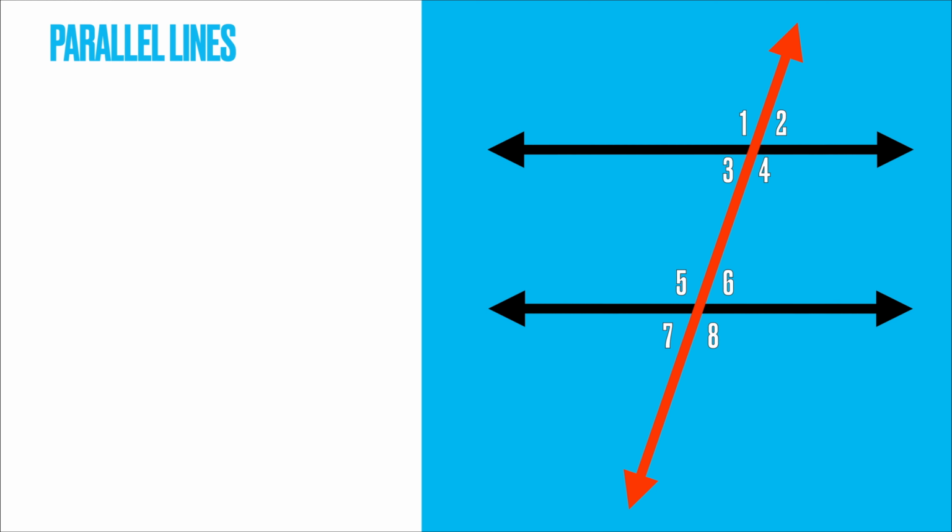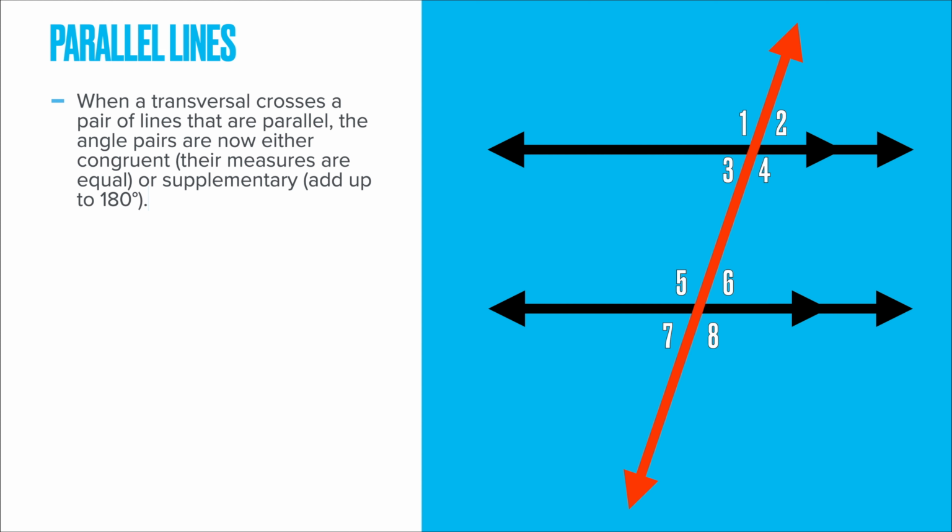So what happens when the lines are now parallel? Well, when a transversal crosses a pair of parallel lines, the angle pairs are now either congruent, meaning their measures are equal, or supplementary, which means that they add up to 180 degrees.